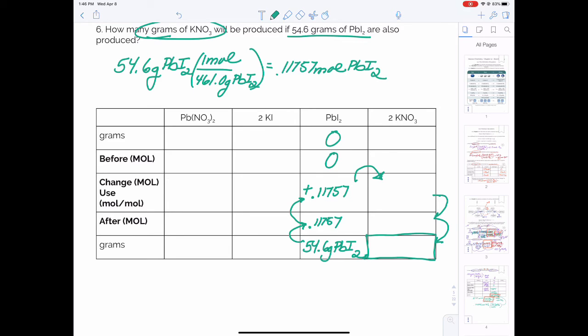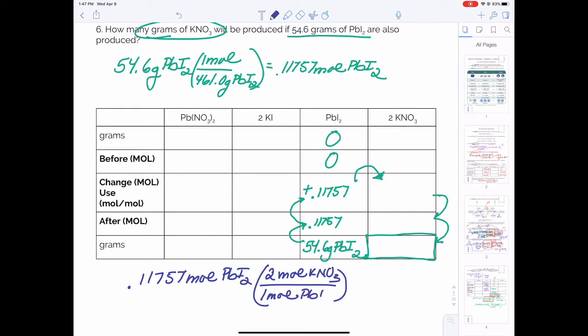How do I go from moles of PbI2 to moles of KNO3? If I'm going from moles to moles, I'm going to use the coefficients from the balanced chemical equation. So 0.11757 moles of PbI2. According to the coefficients, 2 moles of potassium nitrate are made for every 1 mole of PbI2.